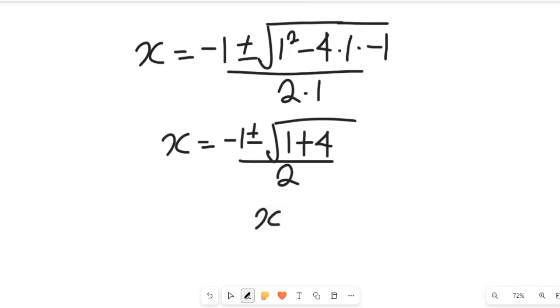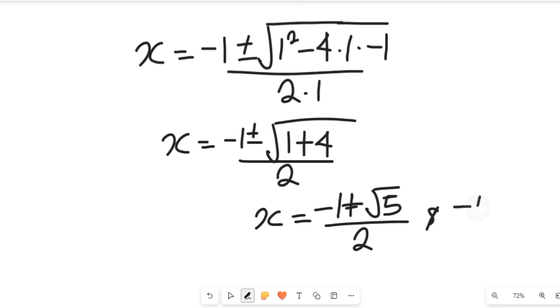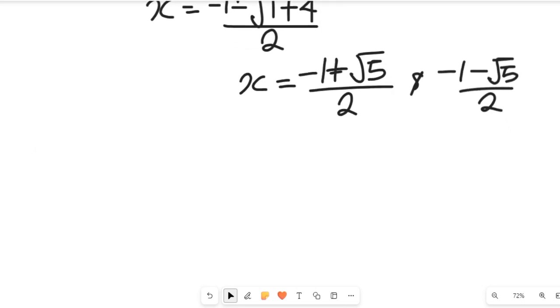So that expression x will be equal to (-1 + √5)/2, and it can be equal to (-1 - √5)/2. Two different solutions.